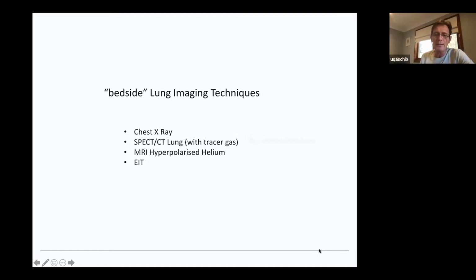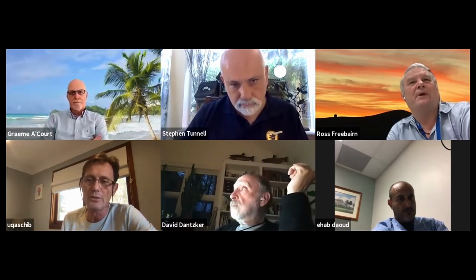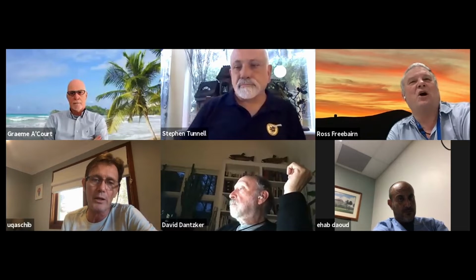And the details that you get with the MR are absolutely mind-blowing, because you have perfusion and ventilation distribution images available. But again, you need to move a patient into the MR, and it's cumbersome. It takes quite a while to get these images.